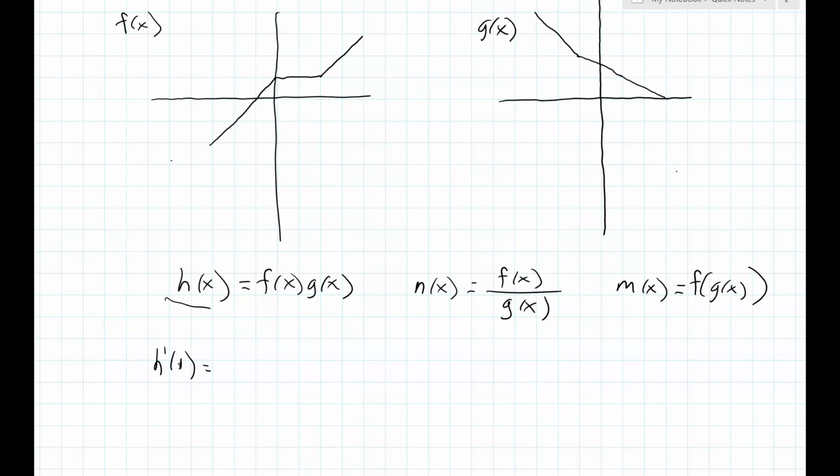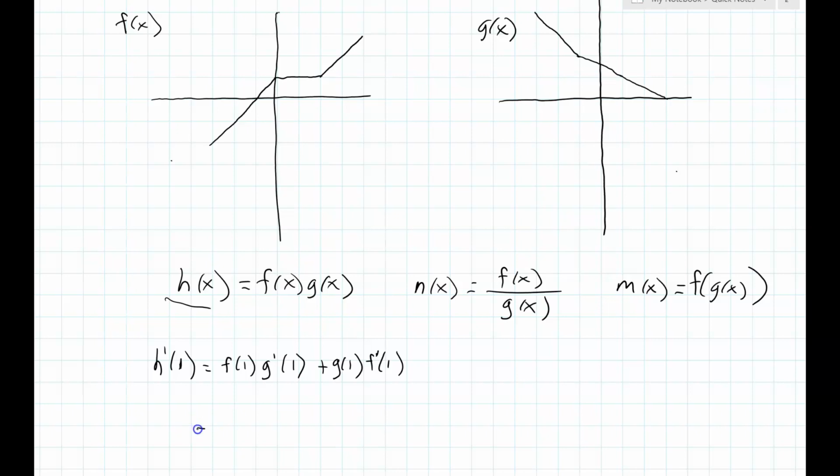So the derivative of h at 1 would be f of 1 times the derivative of g evaluated at 1, plus g of 1 times the derivative of f evaluated at 1. So that's just applying the product rule.